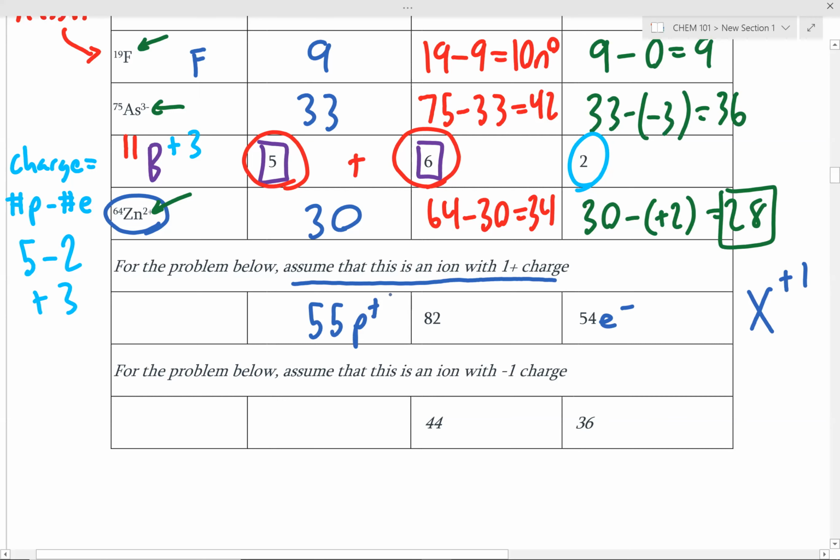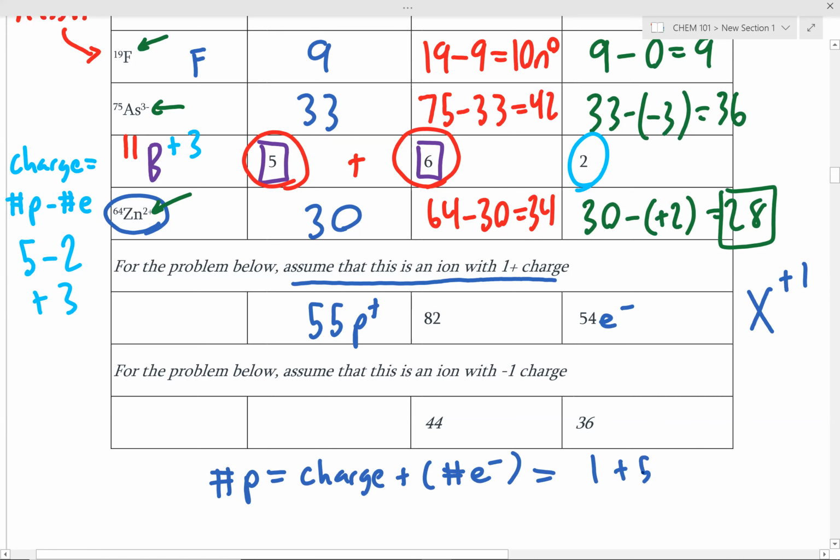So to make this a little bit more explicit, the number of protons is equal to the charge plus the number of electrons. So in this case, we'd have 1 plus 54 gives us 55. So that's how we got 55 protons.